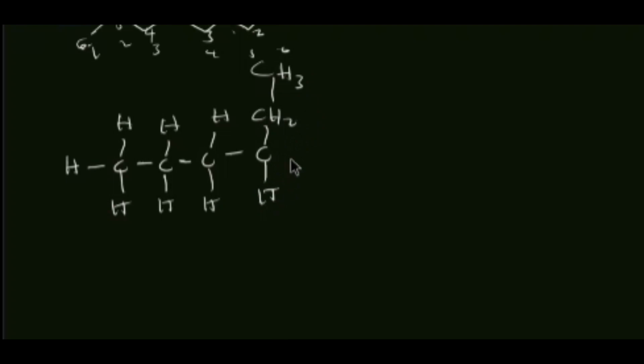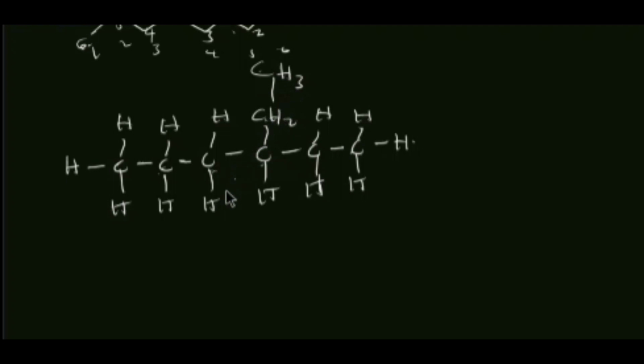Then I have an H here, CH, then H, CH, then H, then this is H. To find the name of this alkane, we have to identify the longest carbon chain. So this is carbon 1, carbon 2, carbon 3, carbon 4, carbon 5, carbon 6, and this is one chain. I can have carbon 1, carbon 2, carbon 3, carbon 4, carbon 5, carbon 6. This is another chain, right?